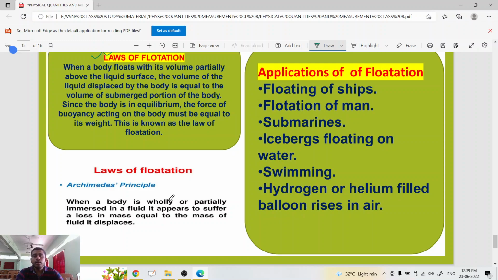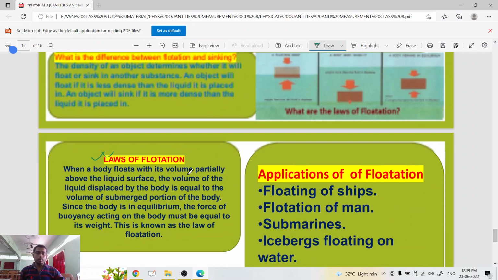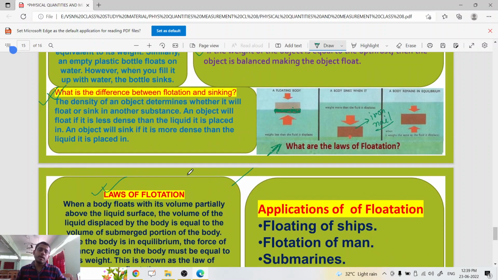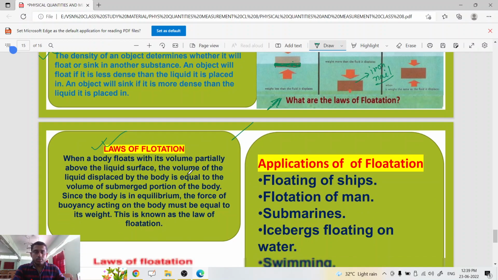The weight of the displaced water applies a force, that is buoyant force or upthrust, on the body. If the weight of the displaced liquid is equal to the weight of the whole body, then it will float. And if the weight of the body is greater than the displaced liquid, then it will sink.